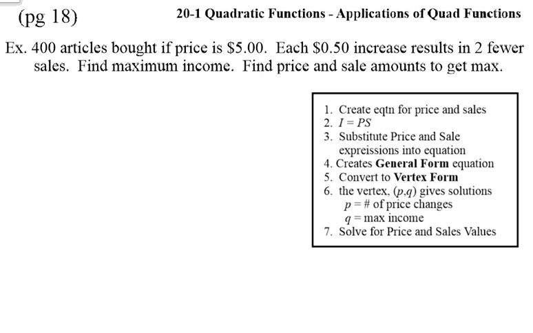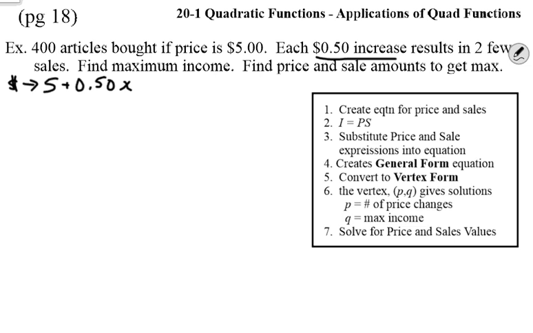All right, first thing is we need an expression for the price and the sales. Well, what do we know about the price? We know initially the price was $5, but in this case, we're going to add 50 cents. We're not sure how many times, an X number of times.